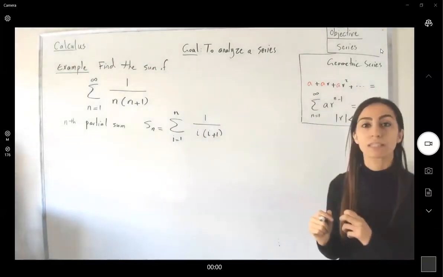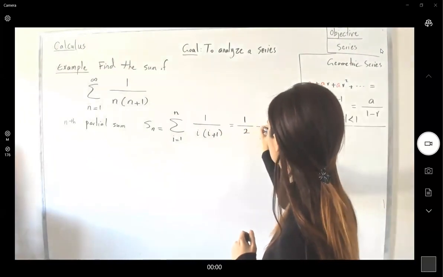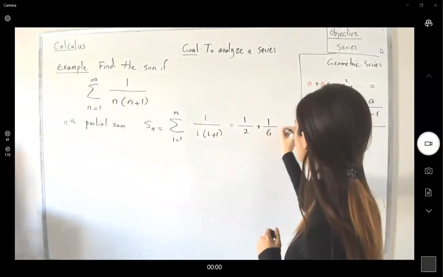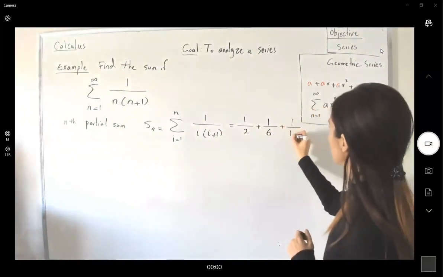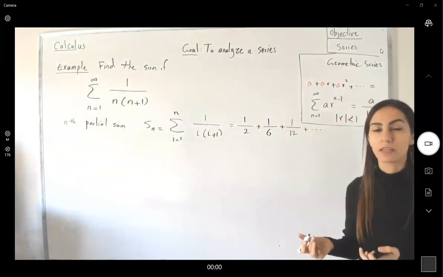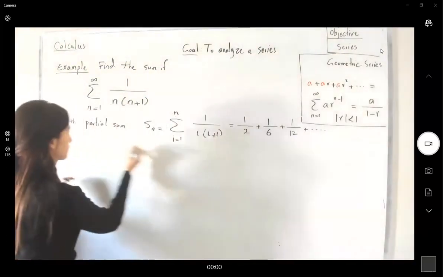If I write it in expanded form, it's going to be like this: 1 over 2 plus 1 over, if I plug in 2, I get 6. Then if I plug in 3, I get 12, and so on. It doesn't give me anything useful. Okay, so what else can I do?